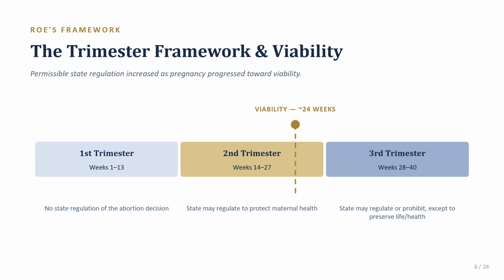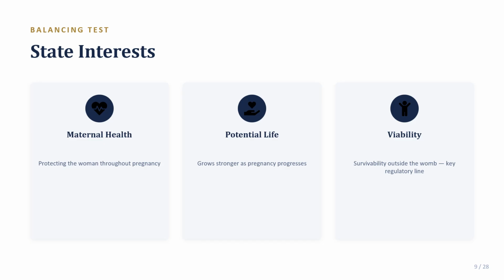So the rigidity is precisely one of those things that critics on the court itself, including some justices who supported the underlying right to choose, found administratively awkward and doctrinally hard to defend as medical technology around viability continued to advance. That criticism is exactly what opens the door to Casey's restructuring, which we'll talk about next. I forgot there's a slide in between, so let me just back up here.